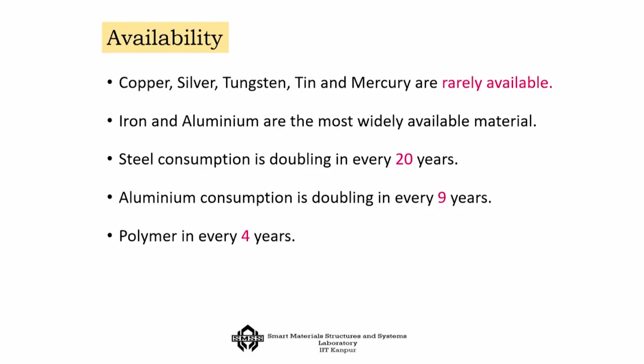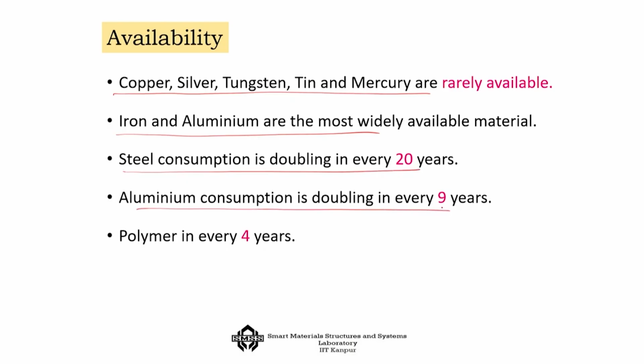And finally, we have to keep this point in mind that certain materials are rarely available, like copper, silver, tungsten, tin and mercury, and iron and aluminum are most widely used. Steel consumption is doubling every 20 years. Aluminum is doubling every 9 years, even faster, and polymer every 4 years.